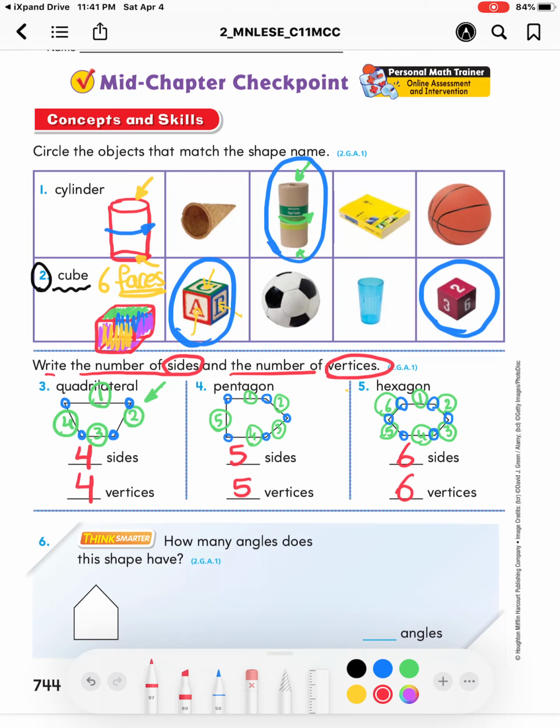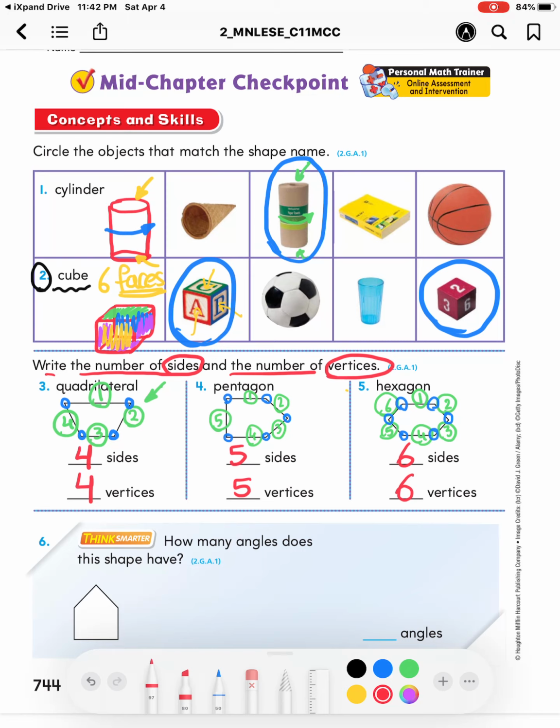Okay? So, as I told you before, a quadrilateral can be a trapezoid, a rectangle, a square, or a rhombus. It has different shapes, but all of them have 4 sides, 4 vertices. That's why we call them quadrilateral.